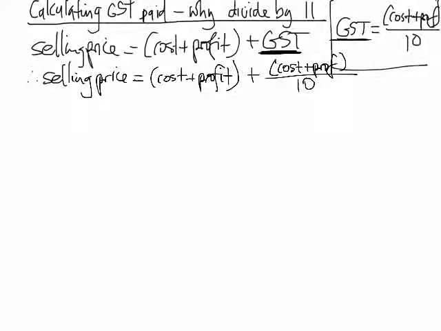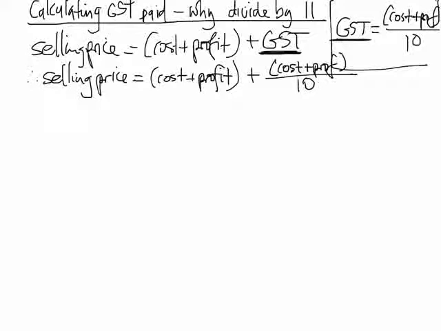So the next step is going to be, we want to move things all to one side. There's a division here, so we're doing reverse BEDMAS, so we want to get rid of this. This cost plus profit bracket is being added to this term, so we want to get rid of it. What is the opposite of adding this bracket? It's going to be taking it.